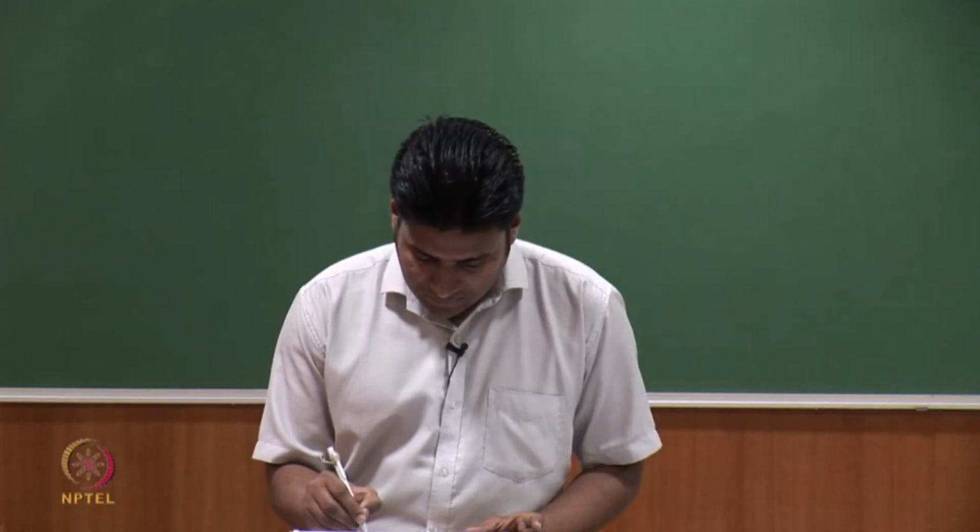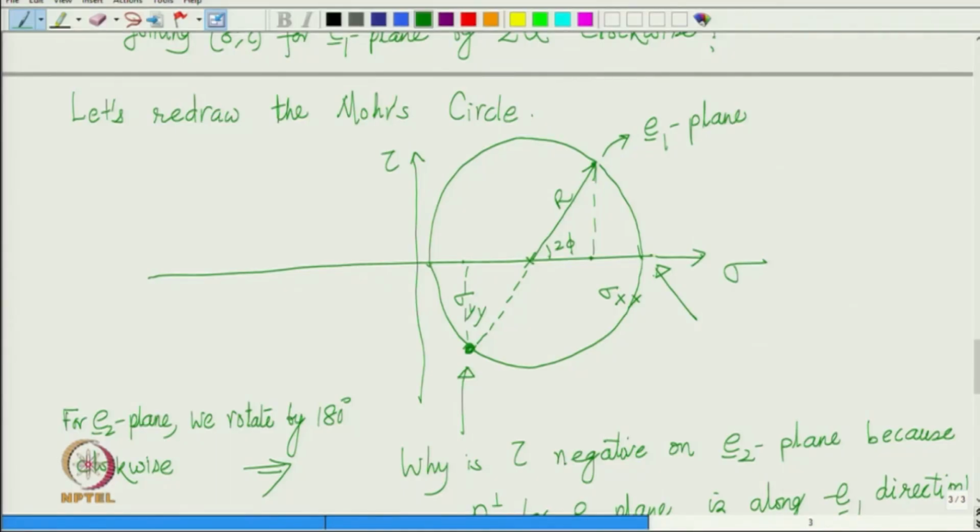This is maximum, is not it? That is the maximum value of sigma. So, I will say this is max sigma, whereas this is minimum sigma, right.